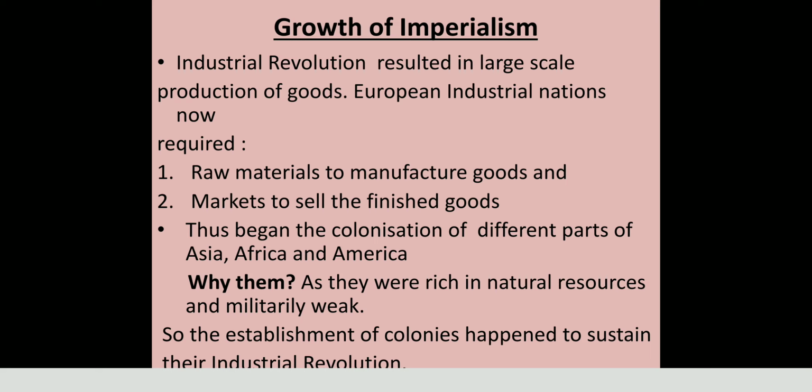So that is how it led to the colonization of these regions to serve as colonies and benefit the imperialist nations, the industrialized nations like Britain, France, Germany, and so on. So we see that basically this imperialism setup, where the imperialist nations acquire colonies or weaker nations, was happening to sustain their Industrial Revolution.